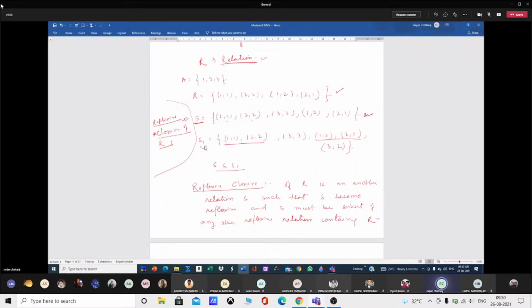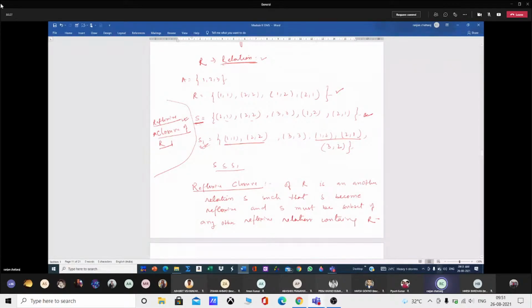S1 is also a reflexive relation. So S is called the reflexive closure of R if S is reflexive and S is a subset of any other reflexive relation that contains R. That means that relation also contains the entries of R, and S must be the subset of it. That means S is the smallest.